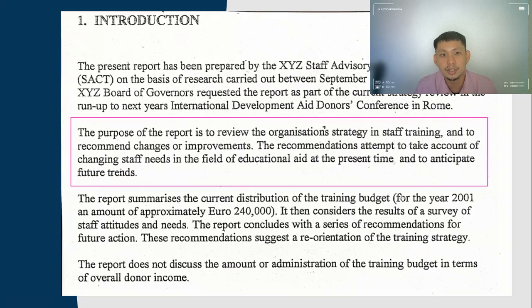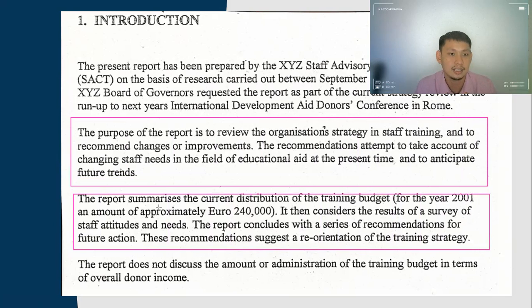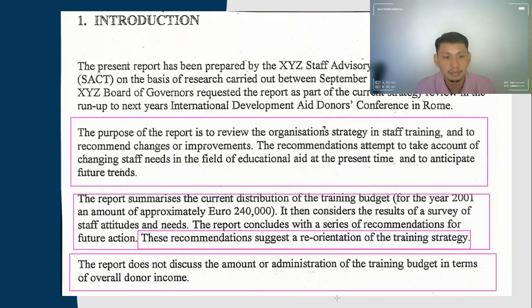If you're going to double check, in the report the purpose or the objective is already present. This is also present in the previous reports. And this is also discussing the scope of the report.